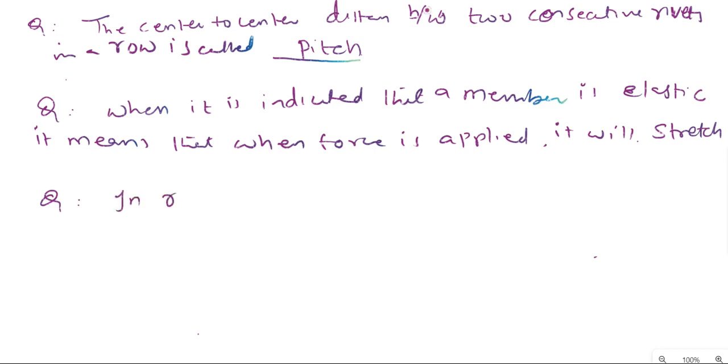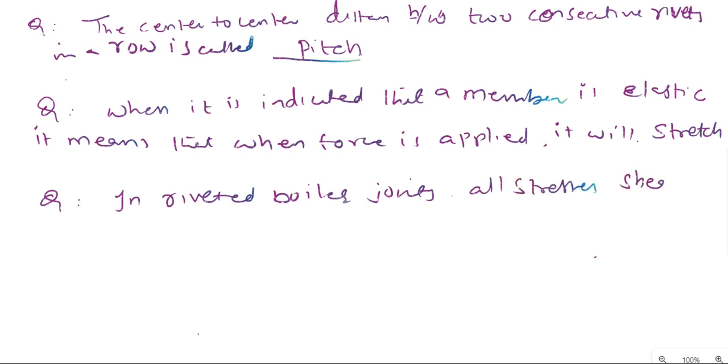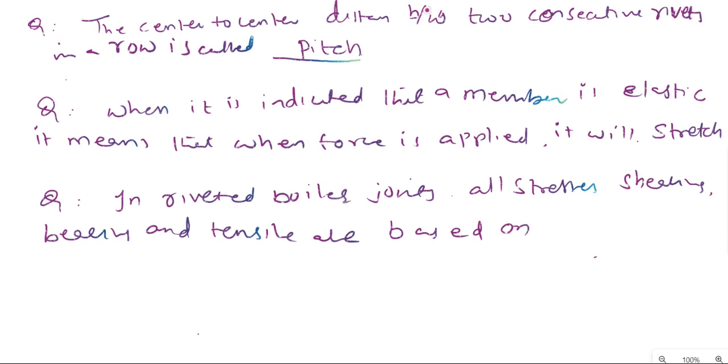Next question, a very important one: in riveted boiler joints, all stresses, that is shearing, bearing and tensile, are based on what? Options: size of the rivet, size of the drilled or reamed hole, average size of the rivet and hole, smaller of the two.